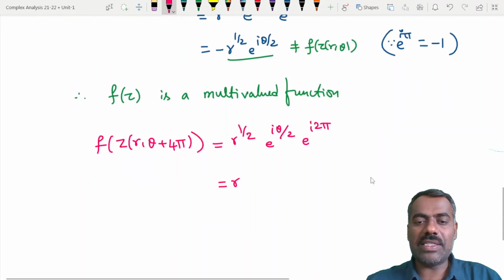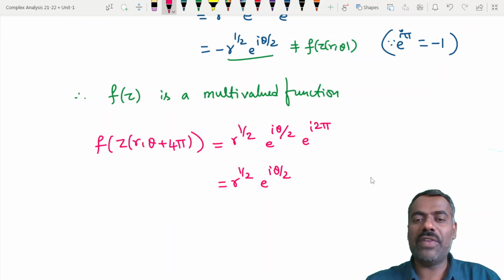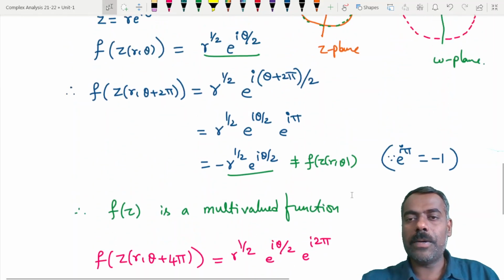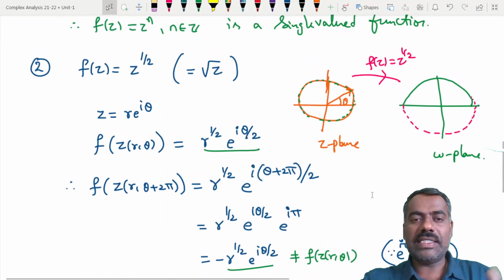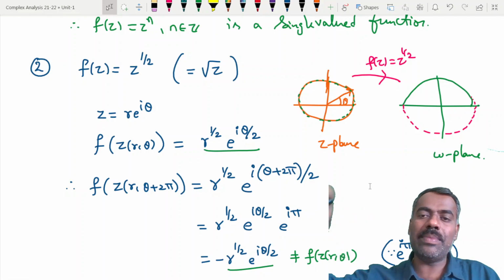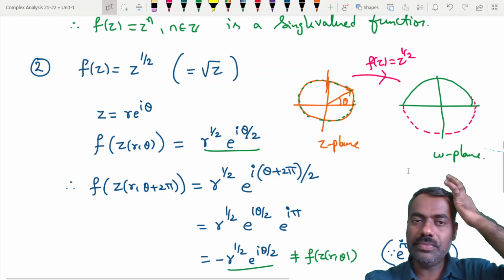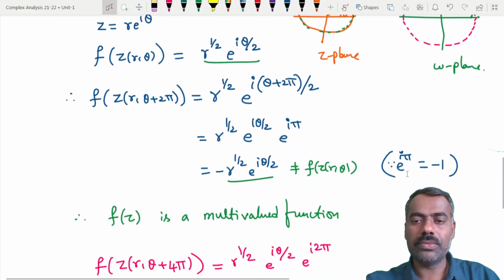So this is the same as r power 1 by 2 e power i theta by 2, which is the same as f of z at r comma theta. So when it goes one circle, it reaches half circle, and one more time, it will reach the original value. Is that clear?